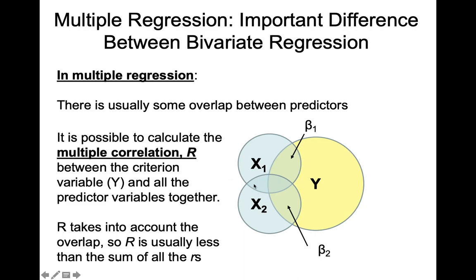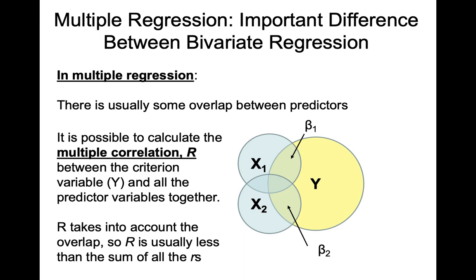You might also ask, how is it possible to have a single correlation, big R, when there's two variables? Well, we look at the correlation between the actual y and the predicted y.